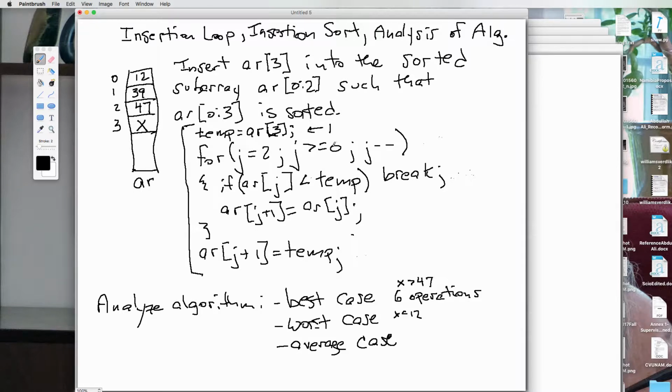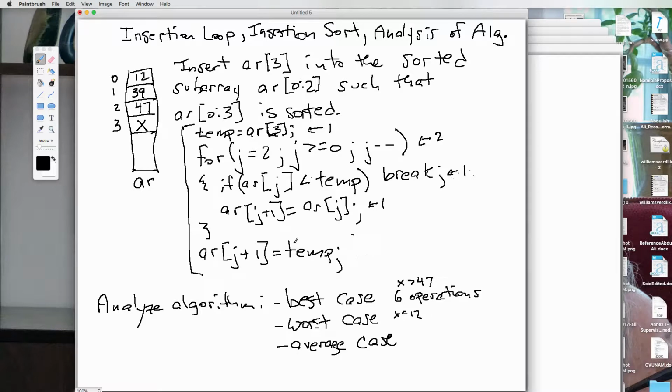And I come over here and I say, is j greater than or equal to 0? And that is, so that's going to give me 2. I'm going to come down here. If a of j is less than temp, that's going to be false, so that's going to be a 1. I'm going to come over here and do this assignment here. That's going to be a 1.